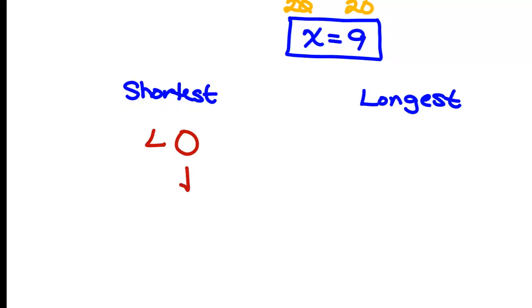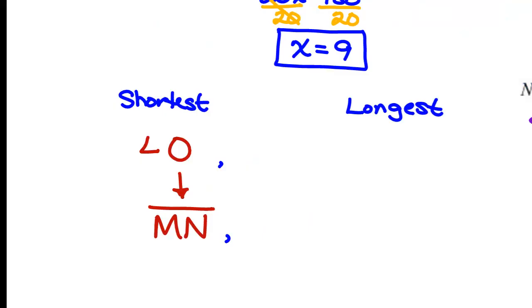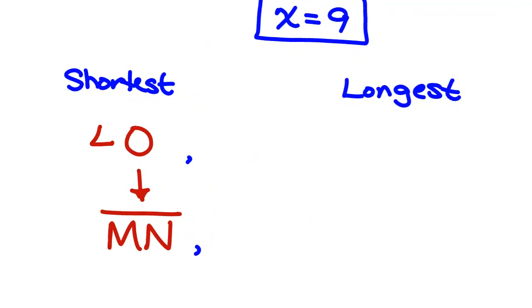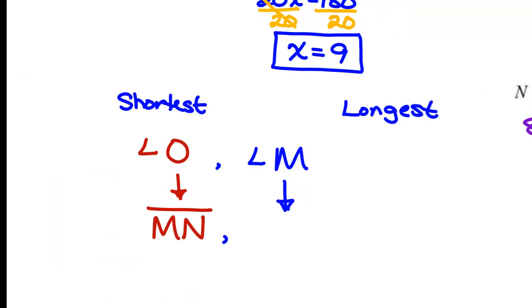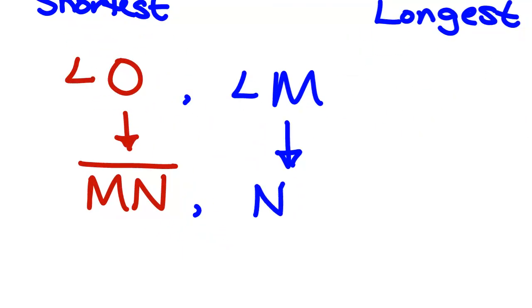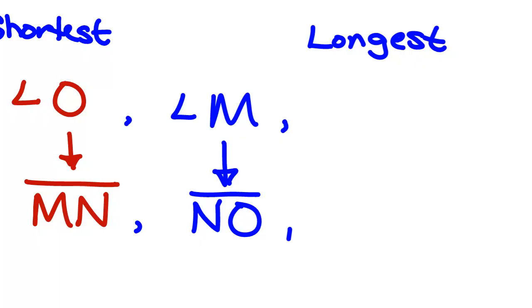And so what would be the shortest side then? MN. All right. Which angle goes in the middle? 65 degrees, which is angle M. What side would correspond to that and so belongs in the middle? NO. And then we need longest or biggest.